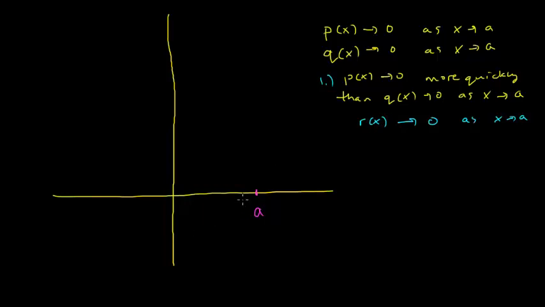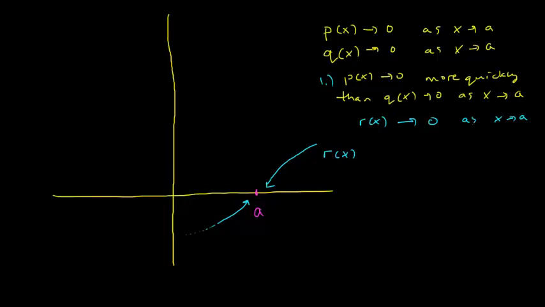So as I approach a, let's say from the left, let's say our function is coming from underneath, but nevertheless r of x will approach 0. And from the right, well, maybe it's underneath, maybe it's above. I haven't really specified that, but what I do know for sure is that r of x is approaching 0 as x approaches a.